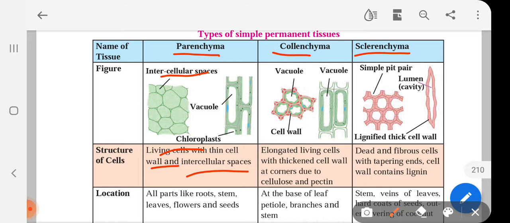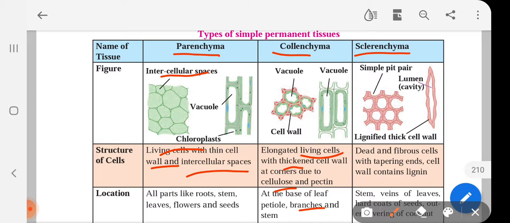And if we talk about collenchyma, in the figure you have to see the vacuoles are present and the cell wall is quite thick as compared to parenchyma. They have elongated living cells with thickened cell wall at corners due to cellulose and pectin. The location is at the base of leaf, petiole, branches and stem.